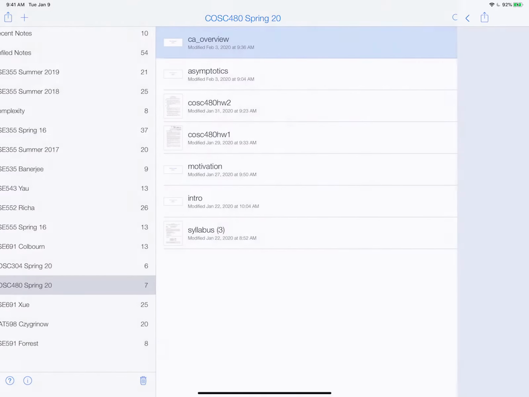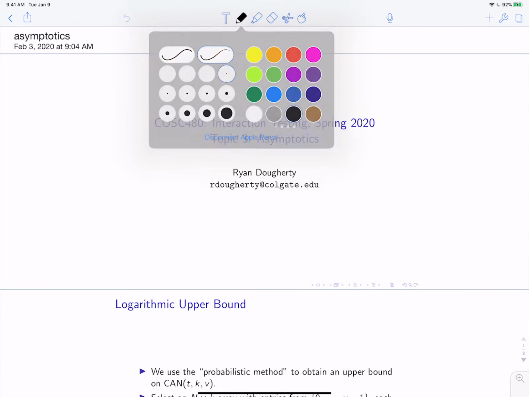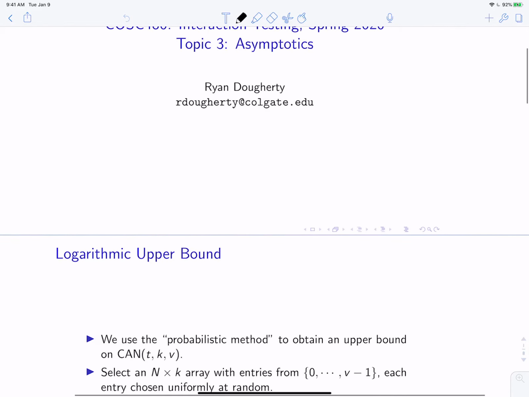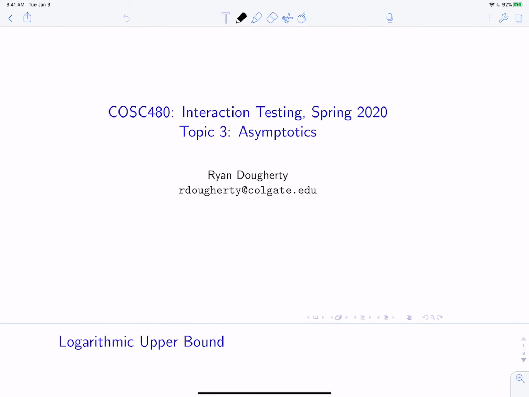Okay, so let's move on to more math. No, I'm kidding. Actually, I'm not, but it's actually kind of an interesting topic. So what did we first say about the lower bound on CAN(t,k,v)? What was the elementary lower bound that we showed?